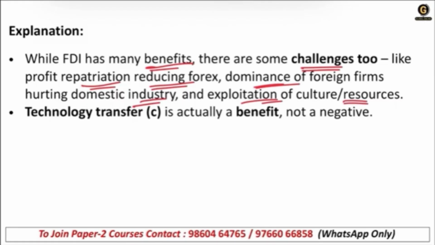Correct. So they may exploit the culture or the natural resources. If a particular country where FDI is coming has natural resources in abundance, those can be exploited. Correct, in terms of raw material, understanding. So it is challenging too.